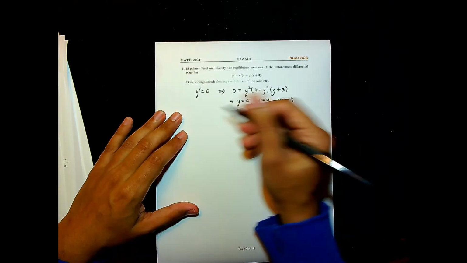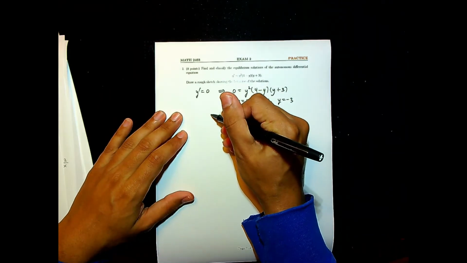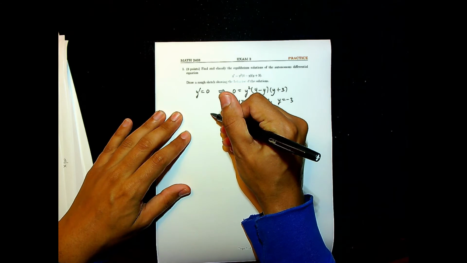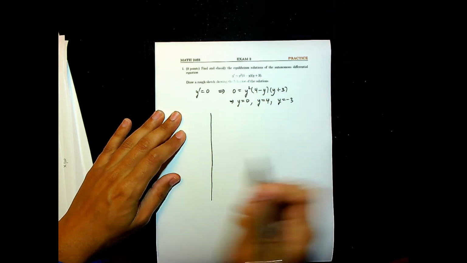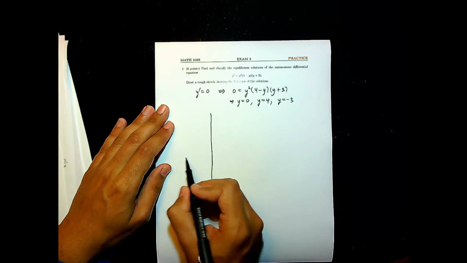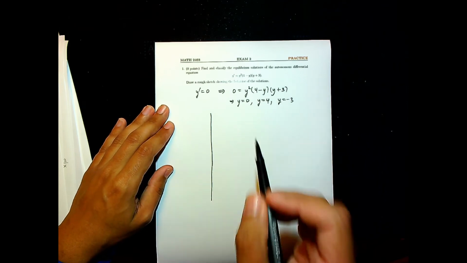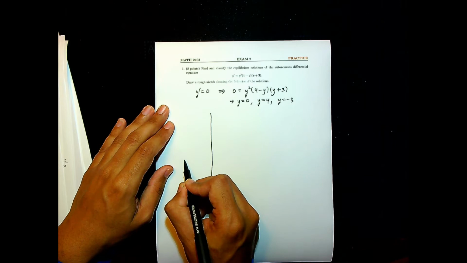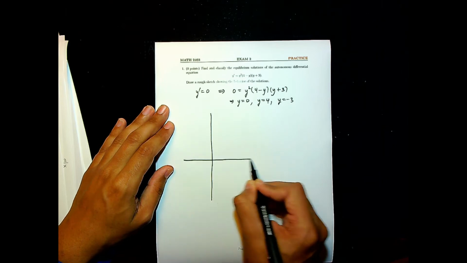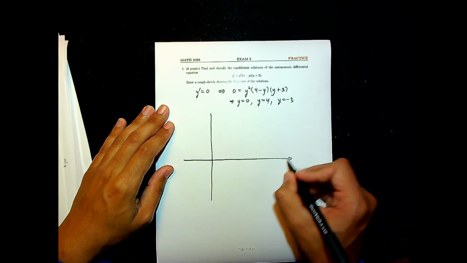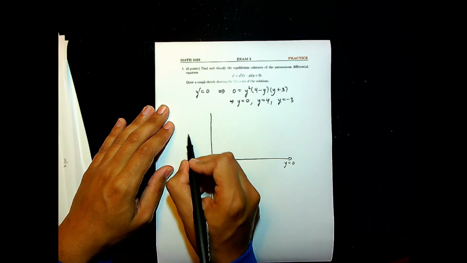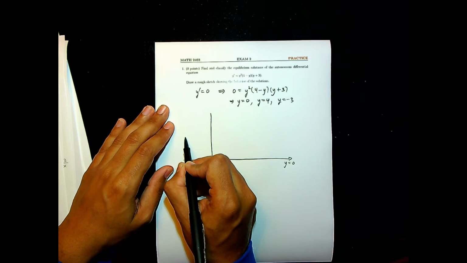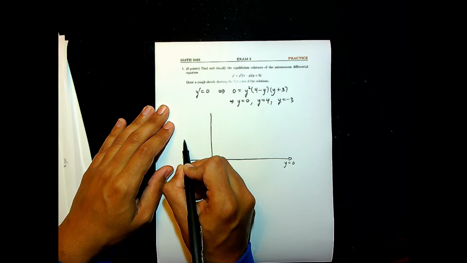So let's see, I'm going to draw the axis here. This is just a sketch, I don't have a ruler. So one is 0, one is 4, so let's say this is 0. This is the equilibrium solution y equals 0. And then we have here y equals 4 somewhere over here.